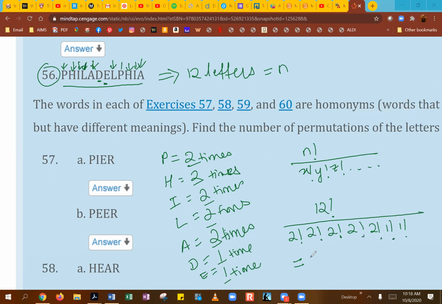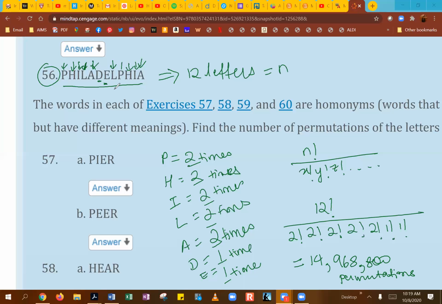So, okay, very nice. 14,968,800 permutations. So just look at how many different ways we can arrange just the letters from the word Philadelphia. And you can see there are a bunch of different examples having you do the same calculation over here.